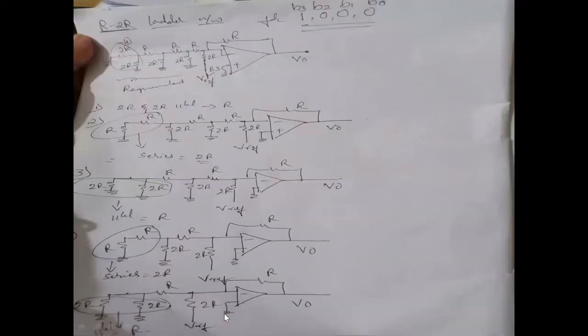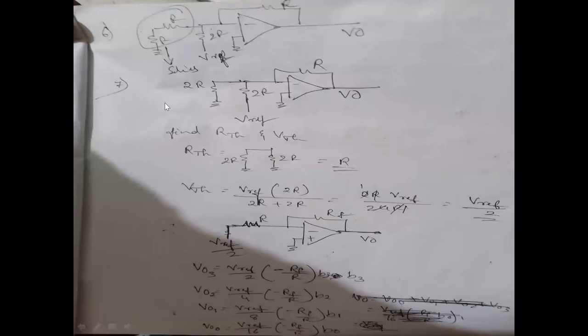Similarly, when this input B1 is higher and rest all are grounded, the output is going to be V reference by 8 into minus RF by R into B1.